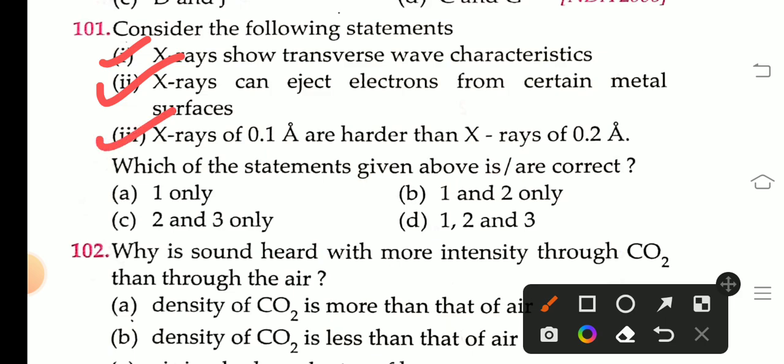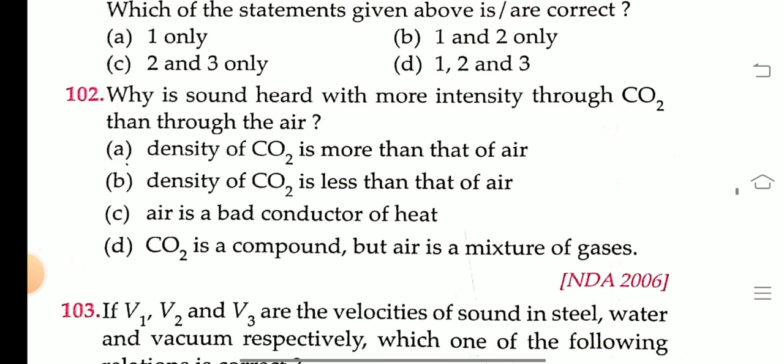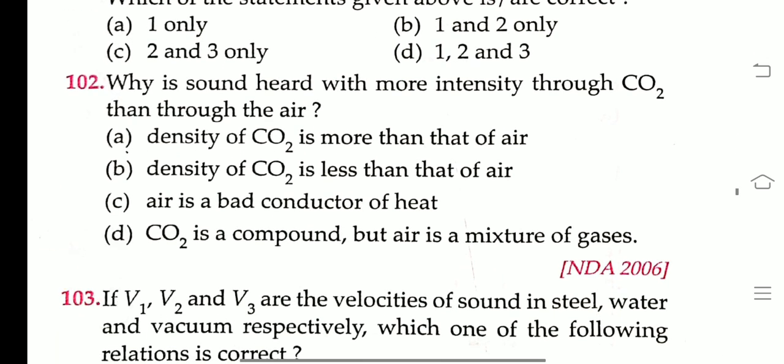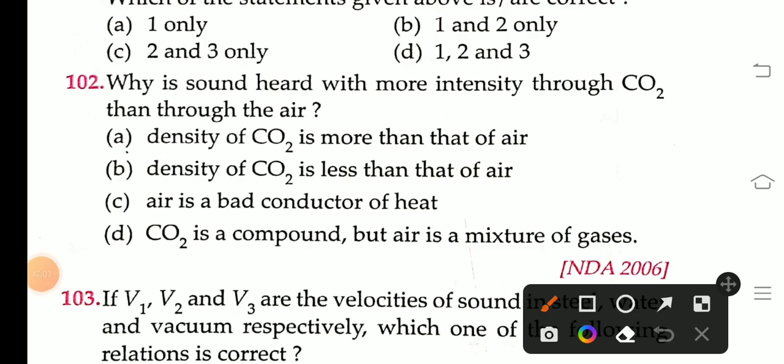Which of the statements is/are correct? Right answer option D, 1, 2 and 3, all these. Next, why is sound heard with more intensity through carbon dioxide than through the air? Right answer option A, density of CO2 is more than that of air.